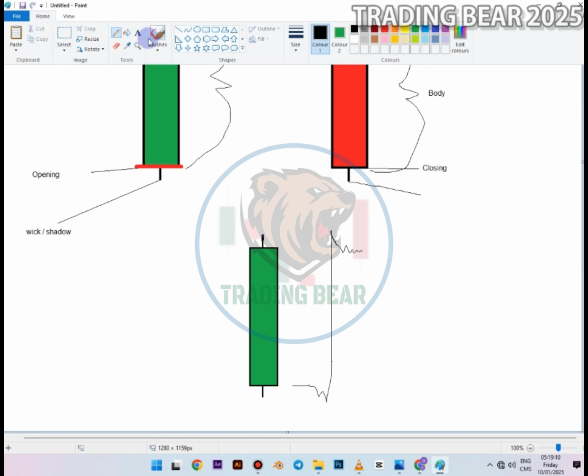And seeing this bullish one, we can say this was our opening. So price opened, normally it starts with a consolidation, then it went up this wick, right?